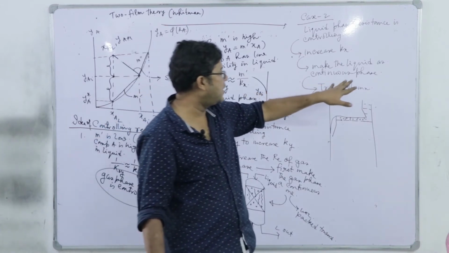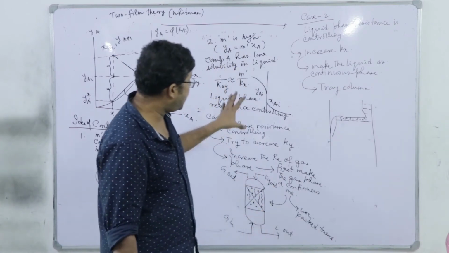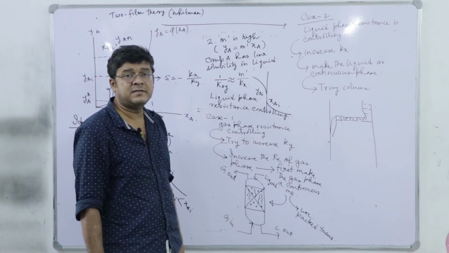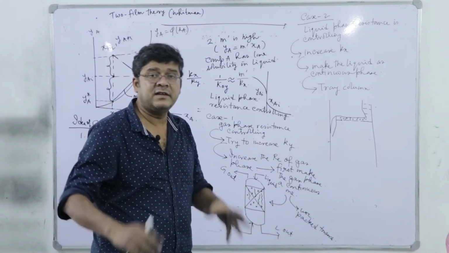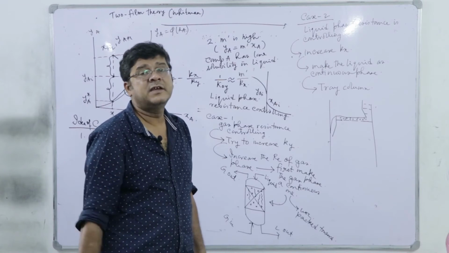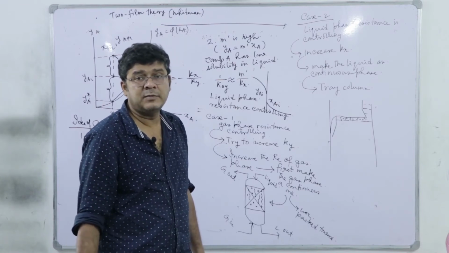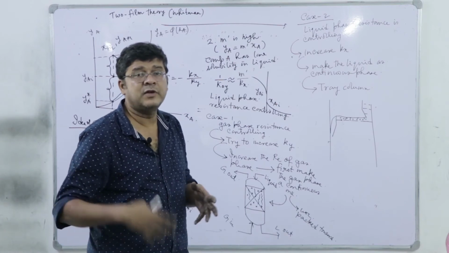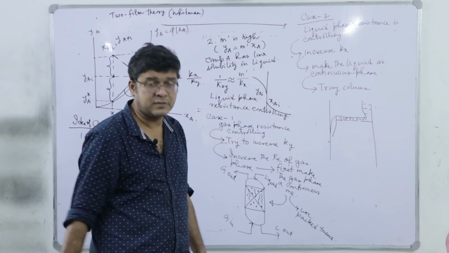So mostly for these sorts of operations we use a tray column, whereas if the gas phase resistance is controlling, because here in absorption we intentionally select a solvent in which the component is highly soluble. So whenever it is highly soluble, the gas phase resistance is controlling, because the liquid phase resistance becomes insignificant as M prime is low.